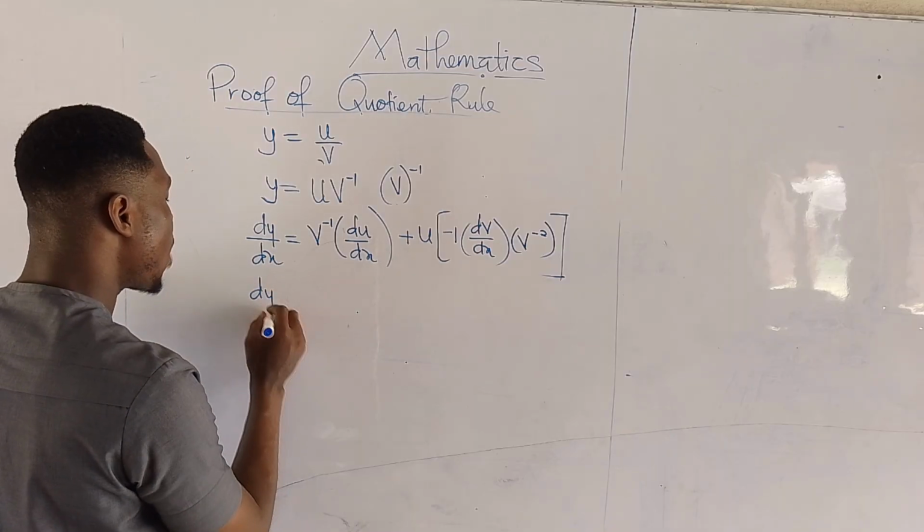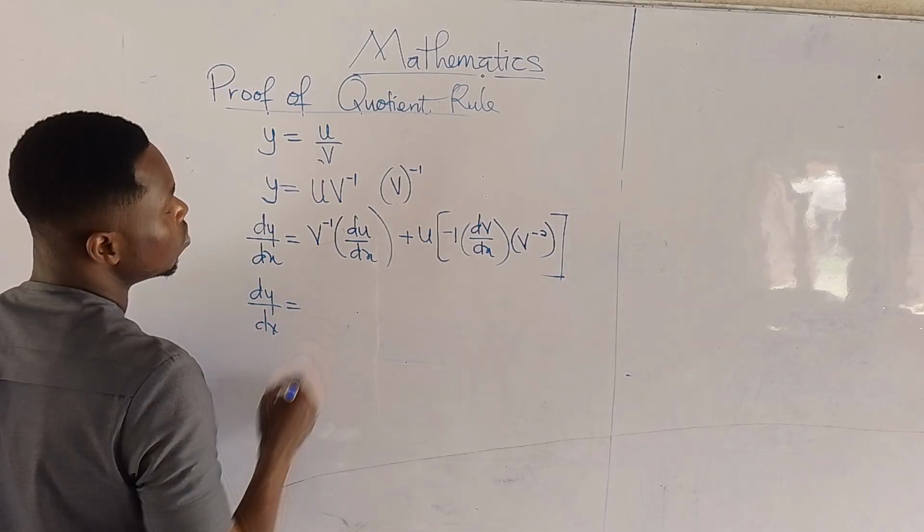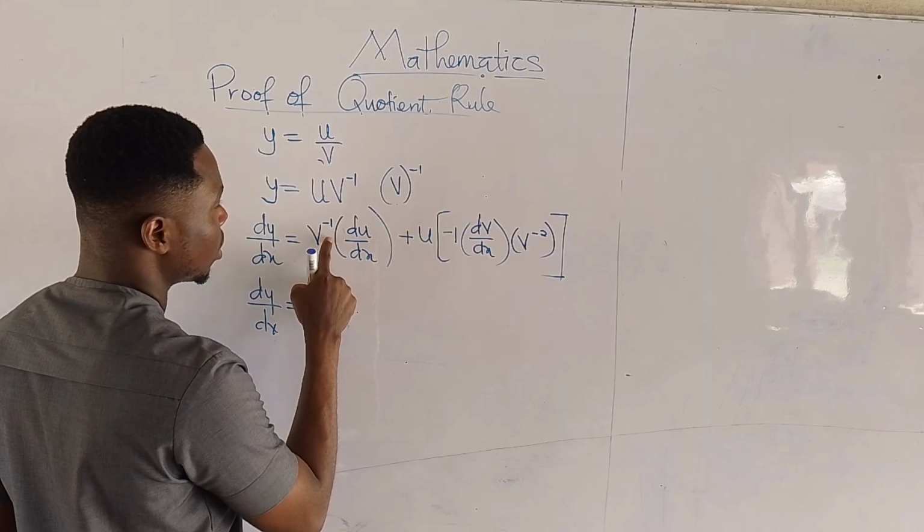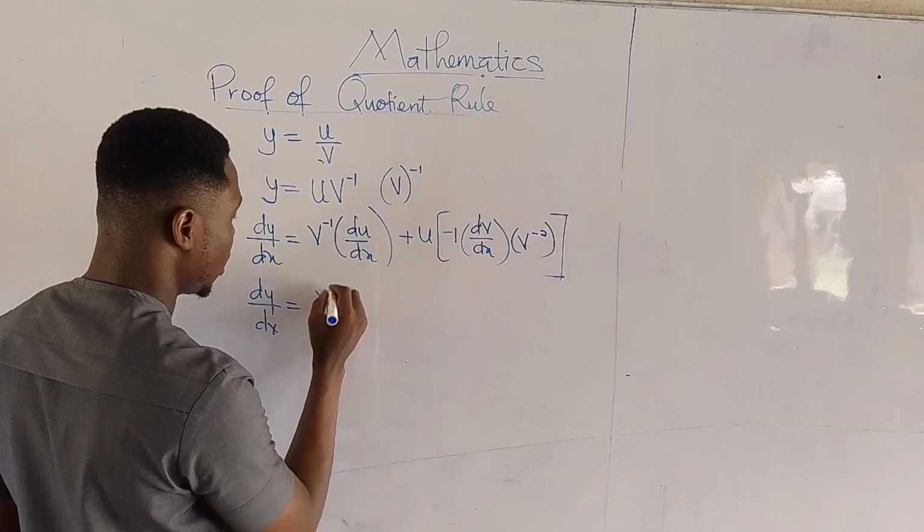So now our dy over dx is equal to, we have this. This is the same as what?